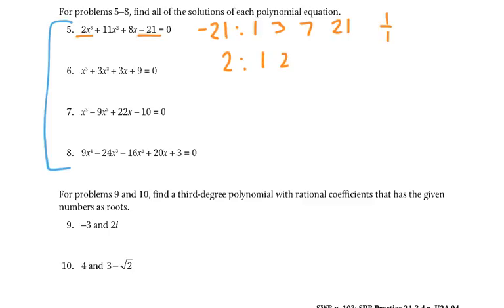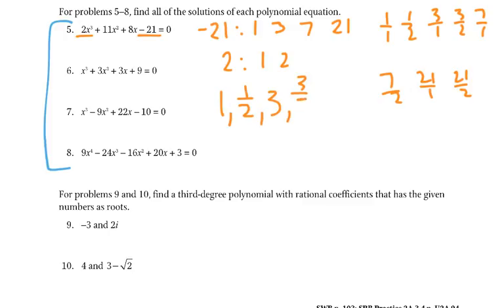So we'd go 1 over 1, 1 over 2, 3 over 1, 3 over 2, 7 over 1, 7 over 2, 21 over 1, and 21 over 2. Then we'd simplify, so we've got 1, 1/2, 3, 3/2, 7, 7/2, then 21 and 21/2.